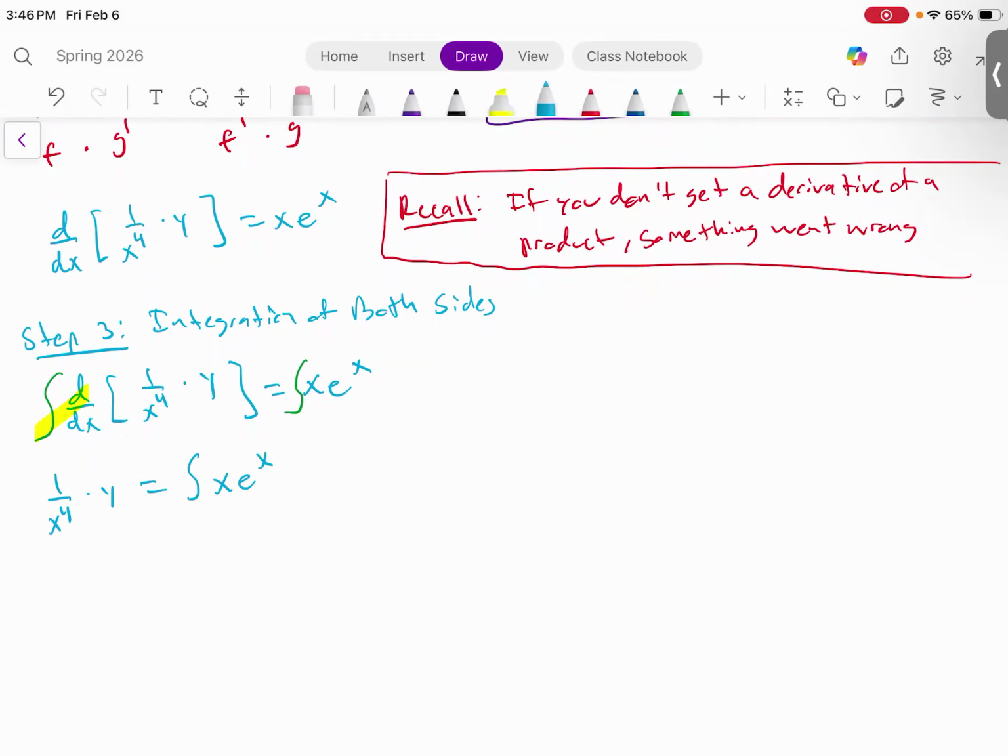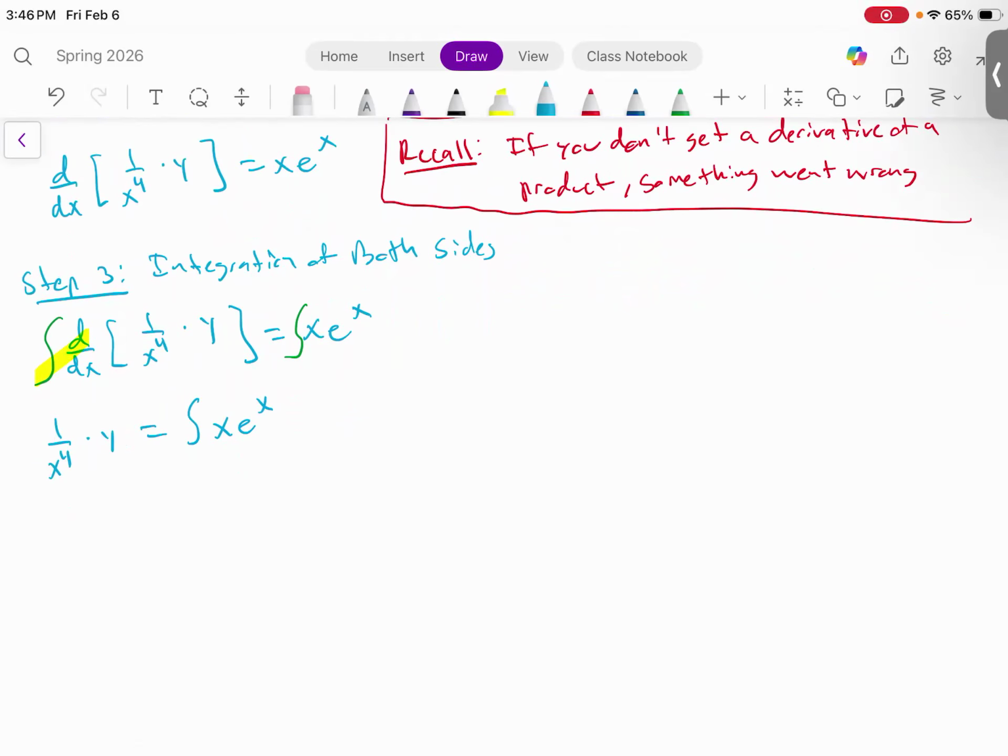And here we're going to need integration by parts. So integration by parts, let's go off to the side and work that out.